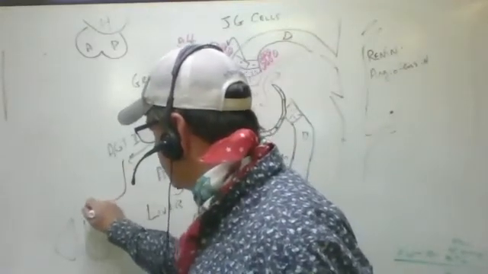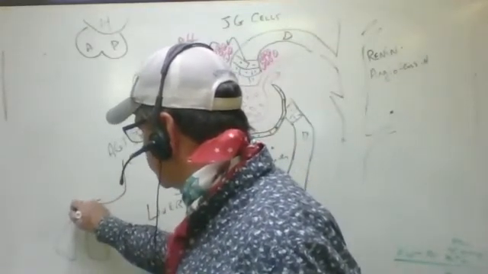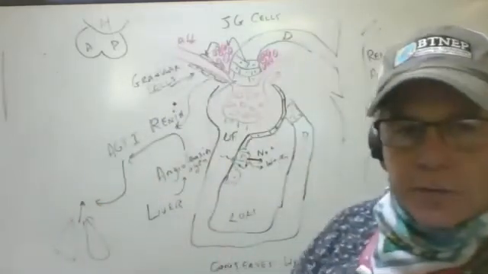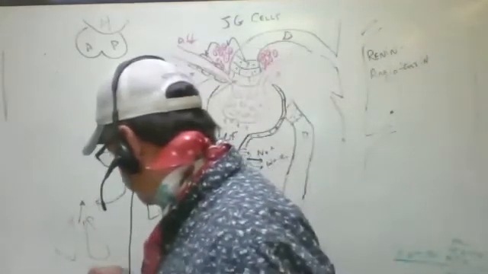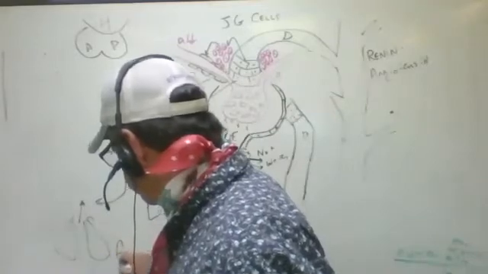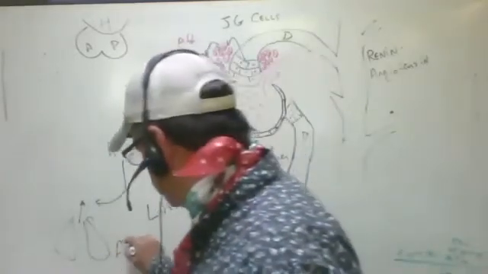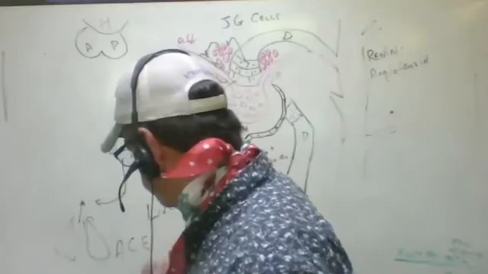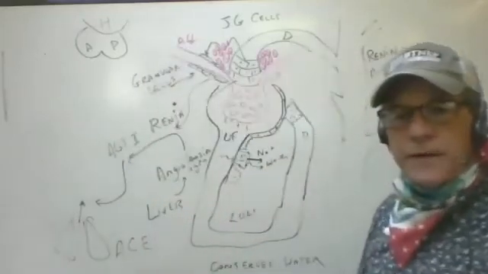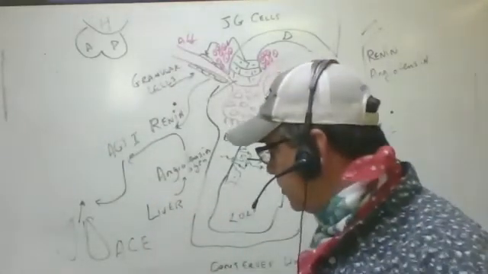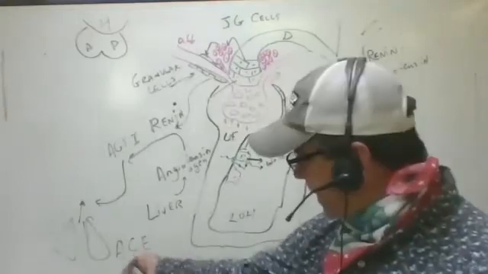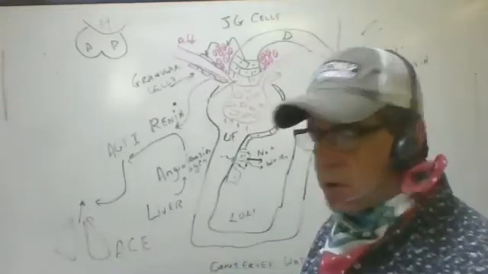Angiotensin 1 goes to the lungs, and the lungs release another cleaving molecule, and that's called ACE, angiotensin converting enzyme. If you've ever done a PowerPoint about high blood pressure, angiotensin converting enzyme is important for this.